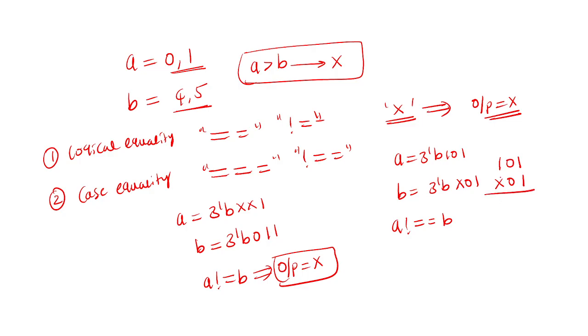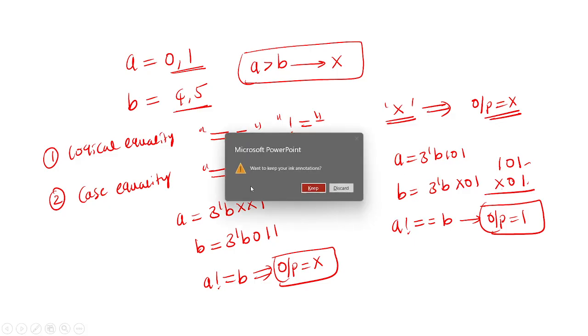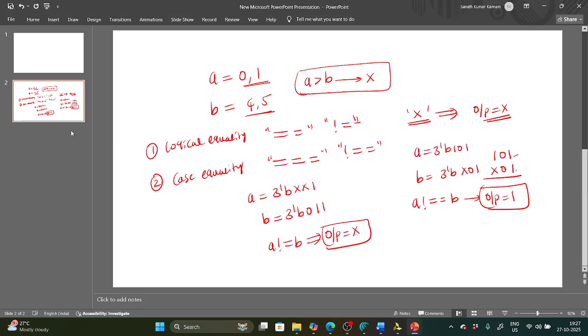If you consider these, they are not equal, so the case not-equality condition is satisfied and you get output equal to 1. So this is about the equality operator.